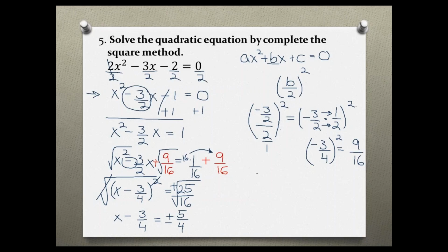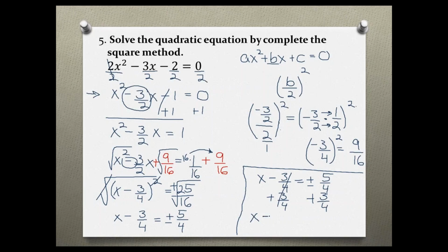Solving for x. I'm going to copy it down over here so I can continue with my work. So solving for x, I have to add 3 over 4 to both sides of the equation.